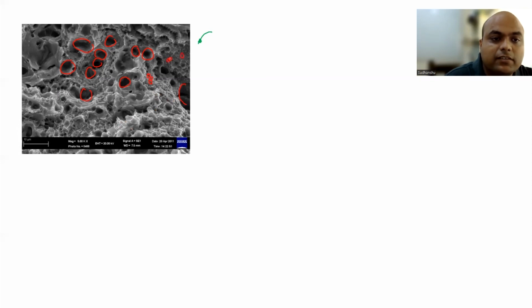You can see clearly, right? All these are smaller dimples. Okay. Now there are medium ones also. Okay. So this surface is full of dimples, right? And I would say that this is a multimodal distribution of dimples.